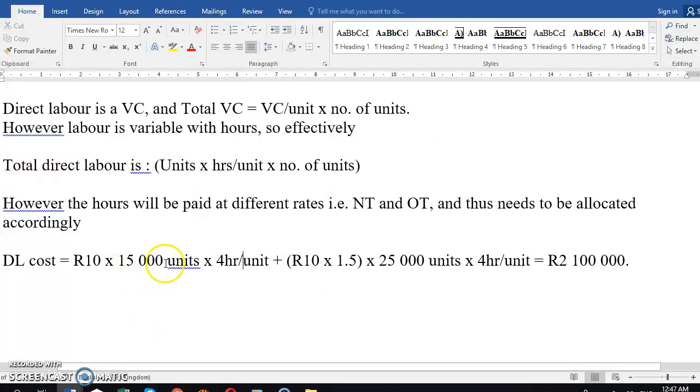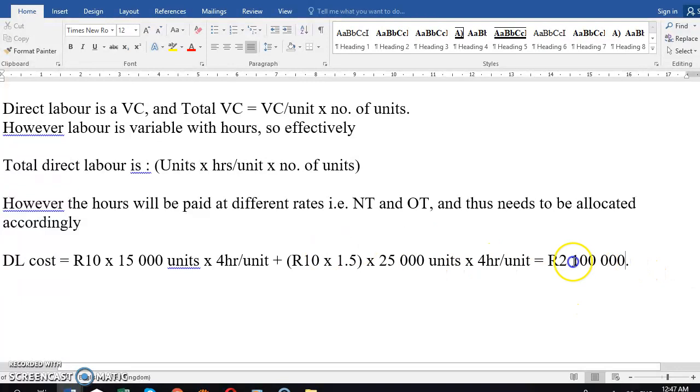So you have 15,000 units at 4 hours per unit at the normal rate of 10 Rand, and then the remaining 25,000 units will have to come at overtime, which is 10 Rand times 1.5 per hour. So instead of being paid 10 Rand an hour, they're going to be paid 15 Rand an hour, at 4 hours per unit times 25,000 units.